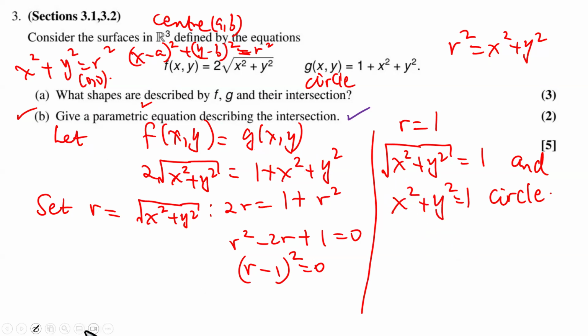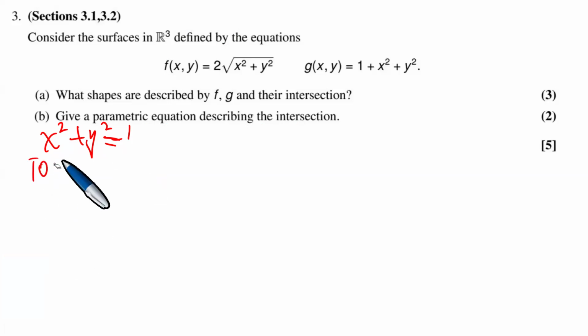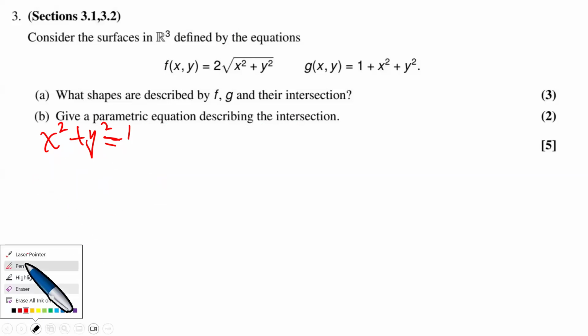So, in other words, to continue, to parameterize, we just got x squared plus y squared is the square of the radius. We want to parameterize.